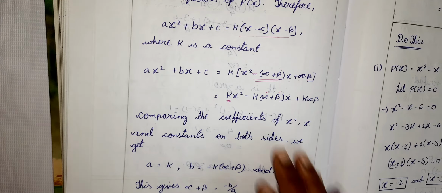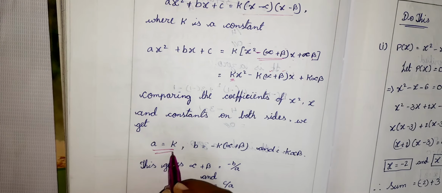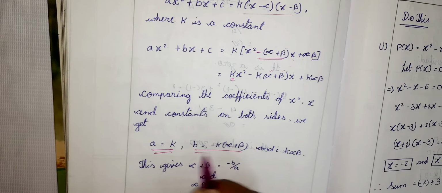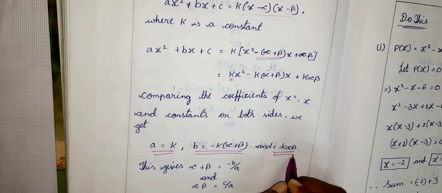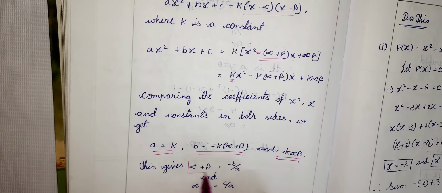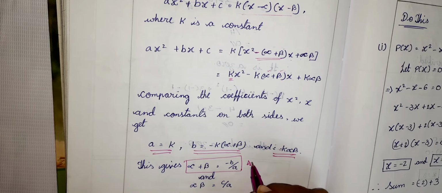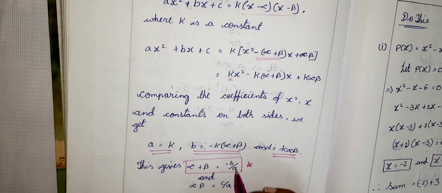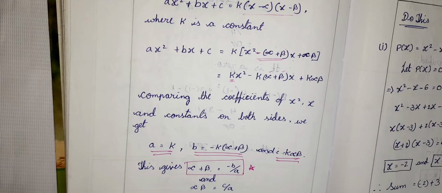Okay, right, now comparing the coefficients here with this one, you will get a is equal to k, b is equal to minus k of alpha plus beta, and c is equal to k alpha beta. So this gives alpha plus beta is equal to minus b by a. What is the relationship between the coefficients b and a? Minus b by a is equal to the sum of the roots alpha plus beta.